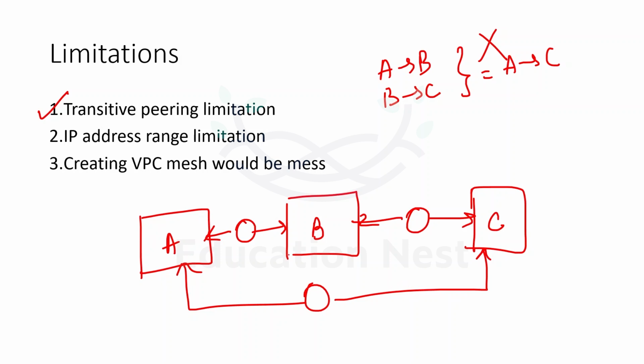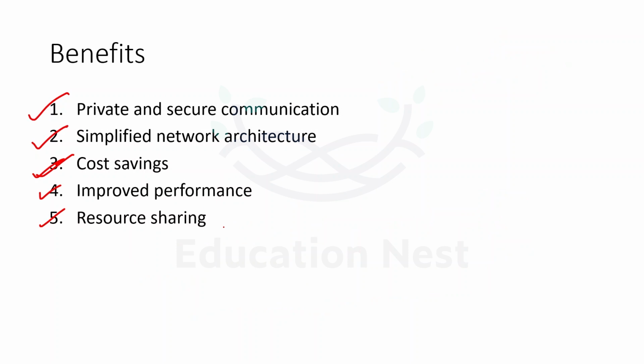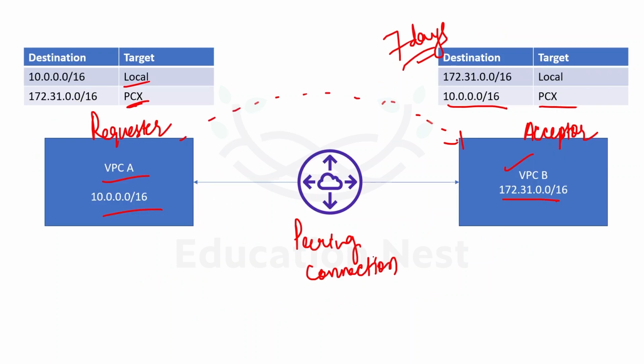The other limitation is the IP address range limitation. You cannot have overlapping CIDR blocks, which we have already discussed. Let's suppose that both of these VPCs have the same CIDR block, 10.0.0.0/16. Then in the route tables, what will happen?